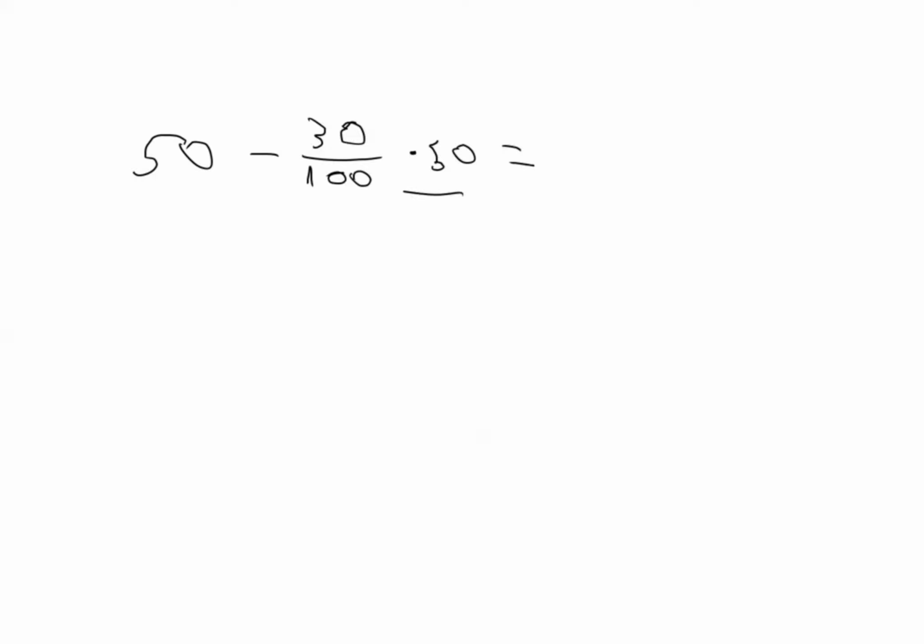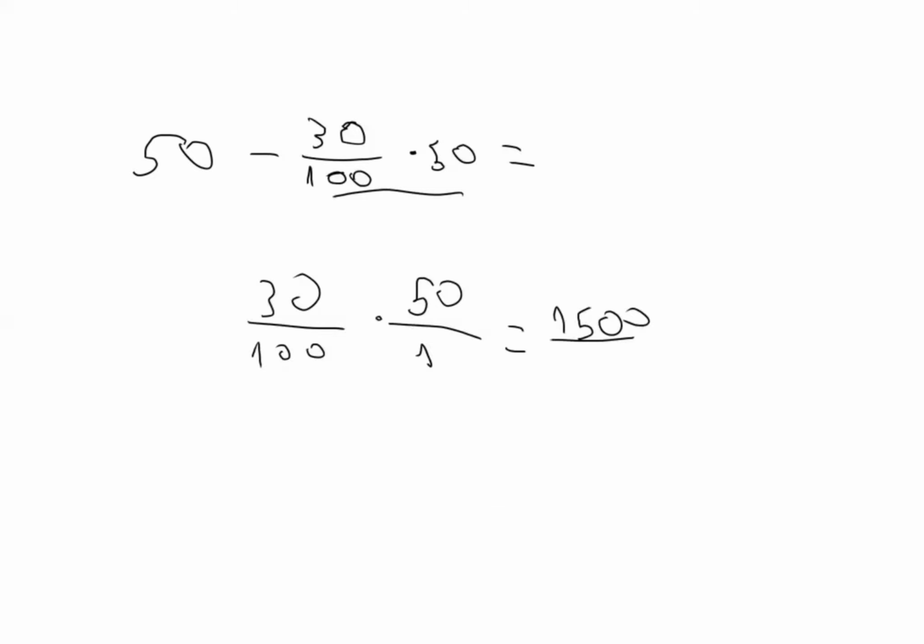So 30/100ths of 50, how much is it? 30/100ths times 50, first, which is 1,500 100ths, which is 15. 50 minus 15 is 35. There you go.